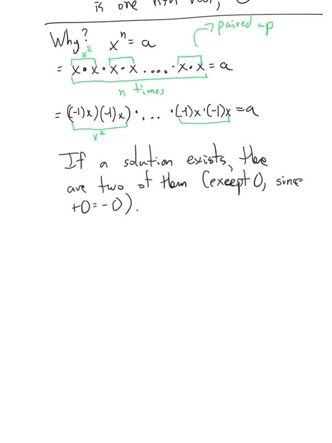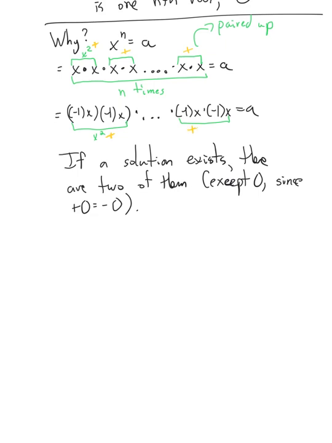So when do solutions exist? Well, note that every pair here is positive, since you're squaring something, and if it's not 0, it's positive. So you get a bunch of positive things multiplied together. Same on this side.